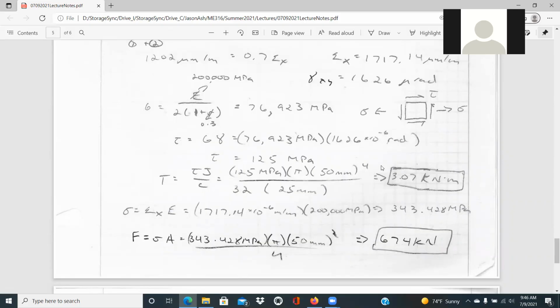The units that would come out would be in Newton millimeters. And then I simplified that down to 3.07 kilonewton meters. So I did skip a step there. I always recommend giving your answer in the units that would come out, and then converting it.